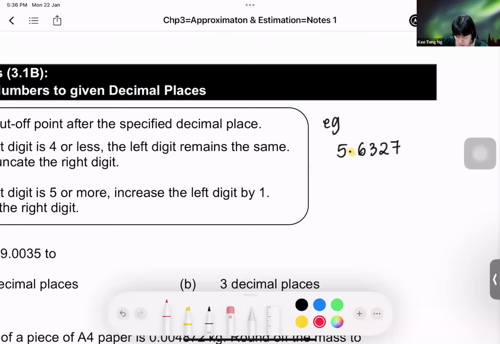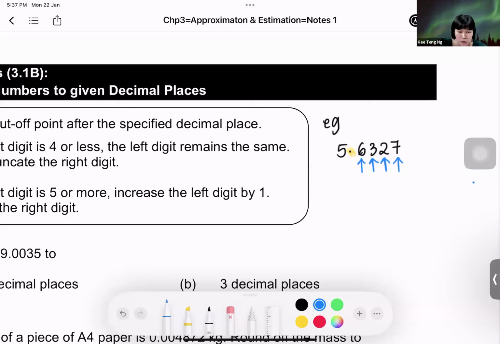So if I have this dot as the starting point, I'll have my first decimal place, which is the number 6, my second decimal place, my third decimal place, and my fourth decimal place. That means this value, 5.6327, is accurate to 4 decimal places, right?